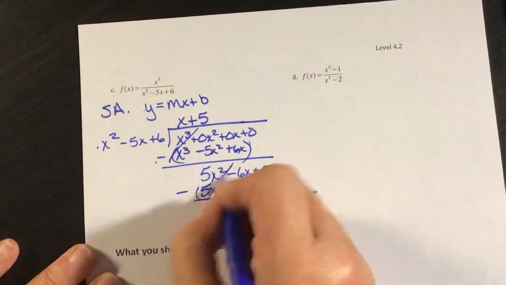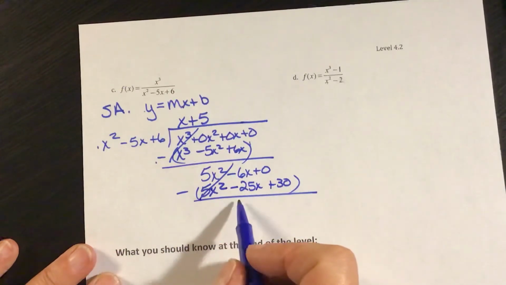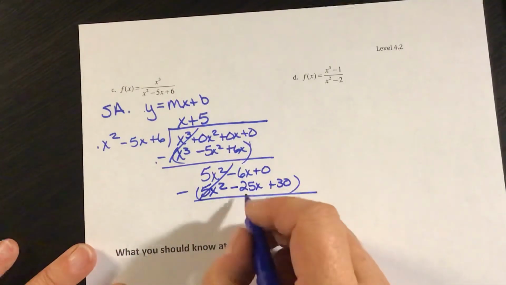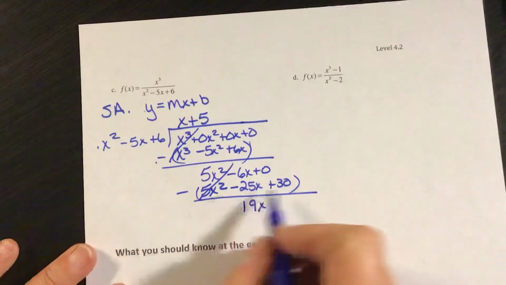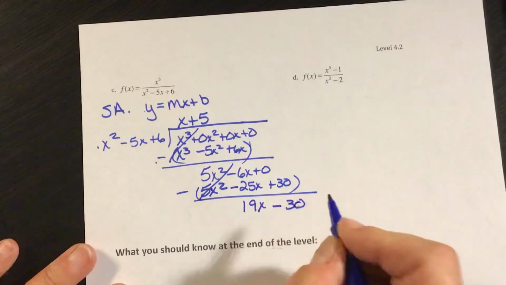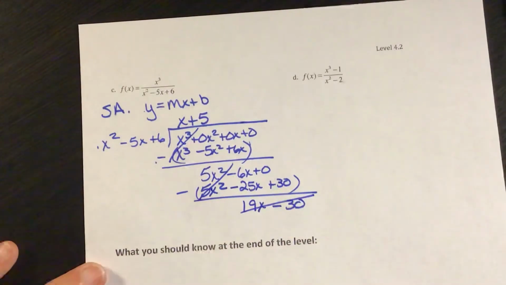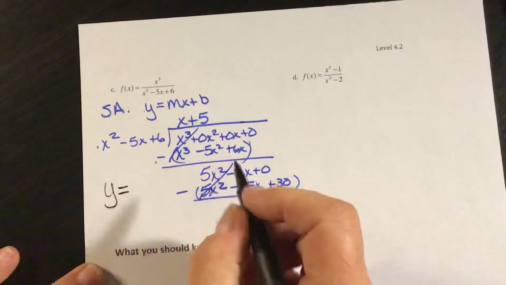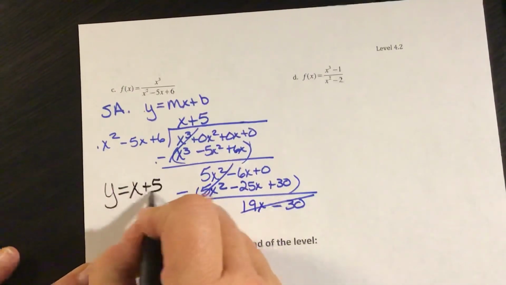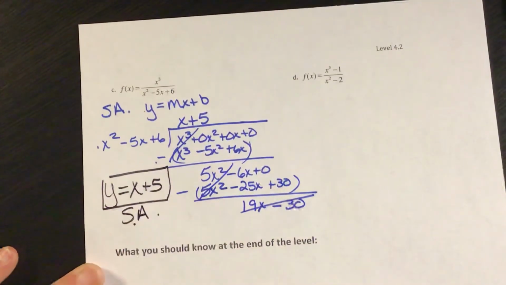So when I subtract, I have negative 6 minus negative 25 would be positive 19x, and 0 minus 30 is minus 30. But the remainder doesn't matter. My equation is going to be y equals x plus 5. And that's my slant asymptote.